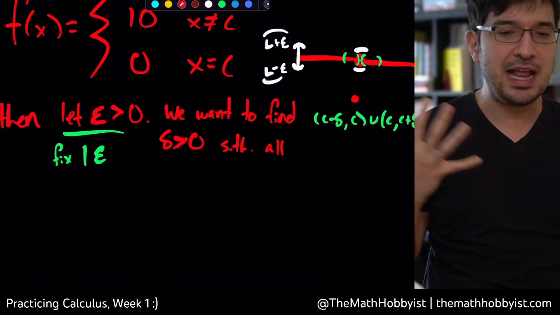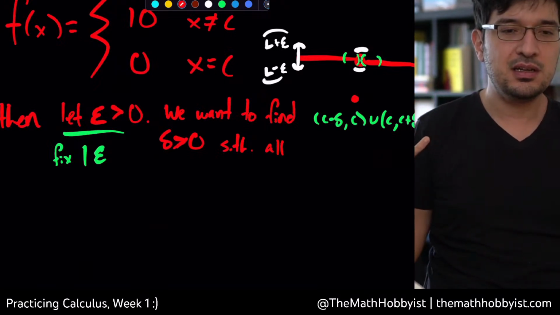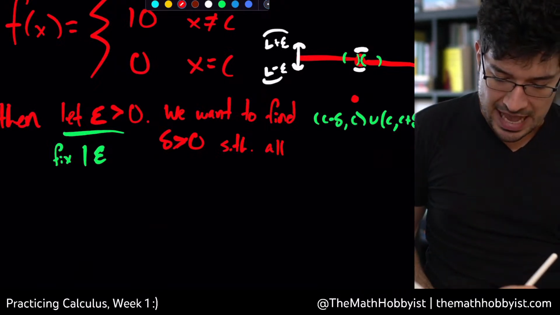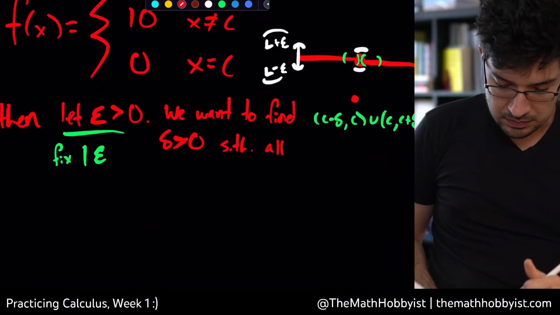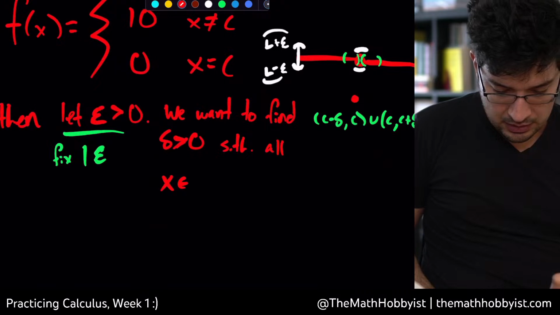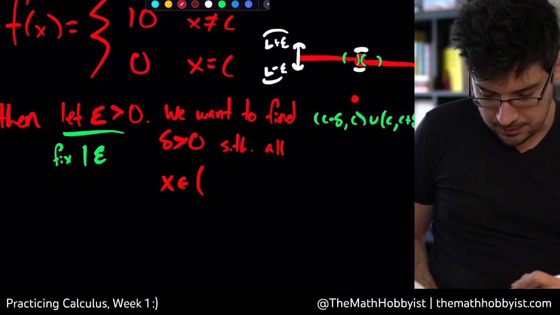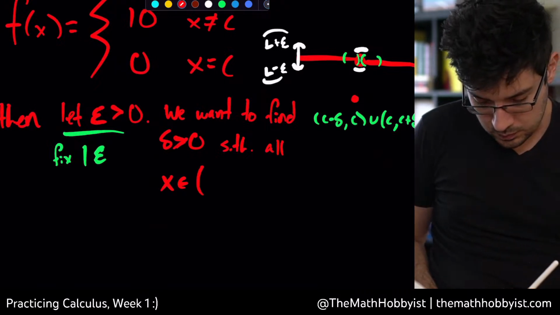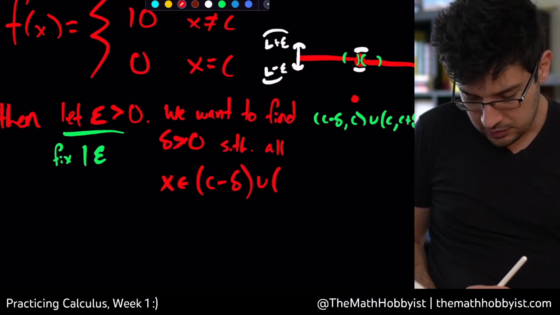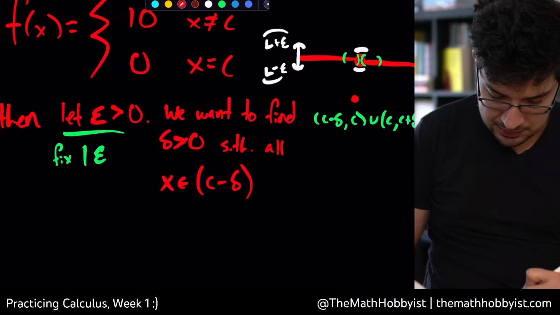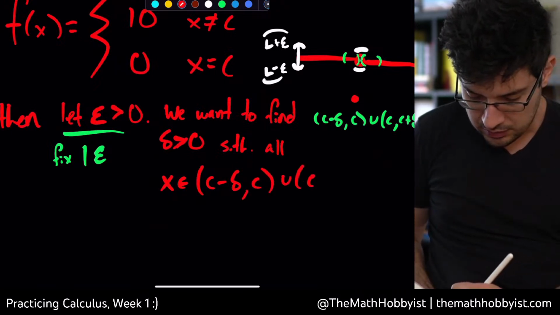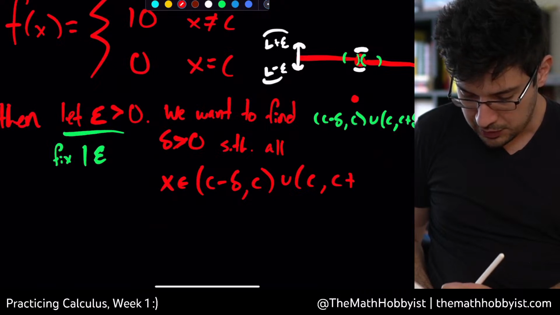You have enough friends in your neighborhood, and your friends agree with you that the number should be L, such that all x in C minus delta to C union C to C plus delta.